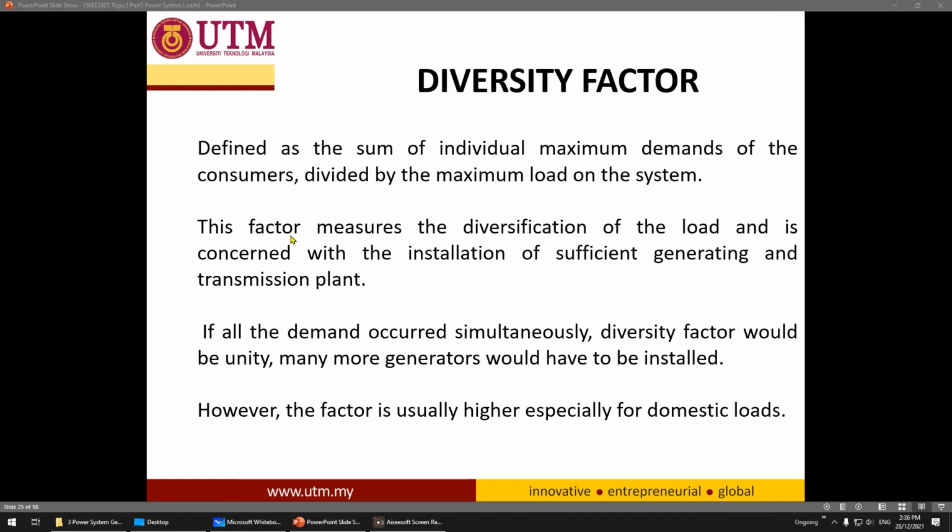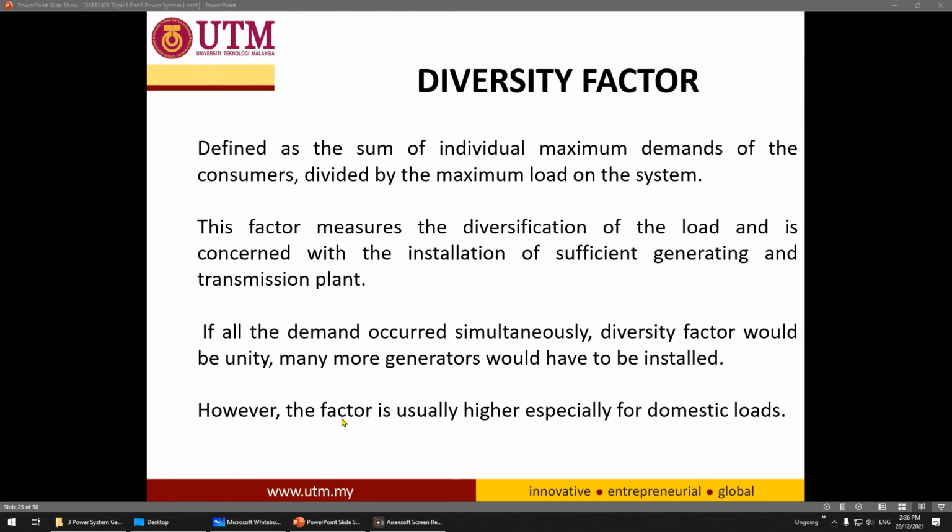This factor measures the diversification of the load, and it is concerned with the installation of sufficient generation and transmission plant. It is used in planning to make sure the generation and transmission are enough for the load. If all the demands occur simultaneously, the diversity factor would be unity, and much more generation would have to be installed.